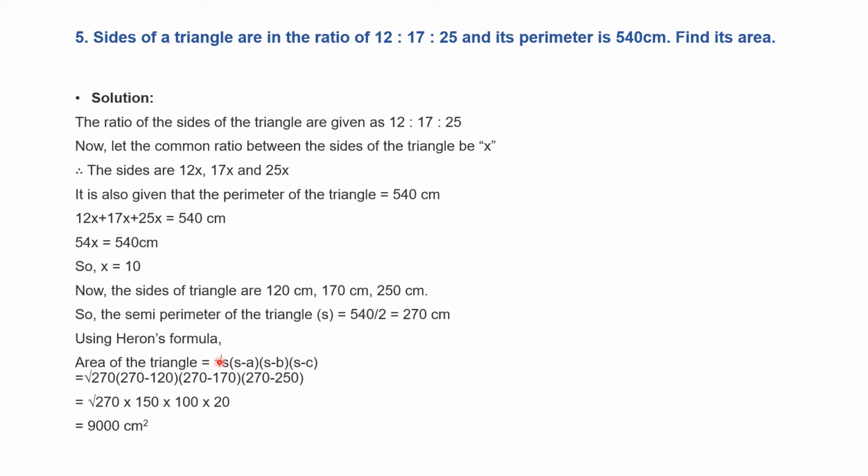Now Heron's formula is the same: S minus A, S minus B and S minus C. Now we put the values: S is 270, A is 120, B is 170, C is 250. When we multiply all these, the result is 9,000 centimeters square. So that is our answer. Now we will discuss our next question, question number 6, the last question of our exercise.